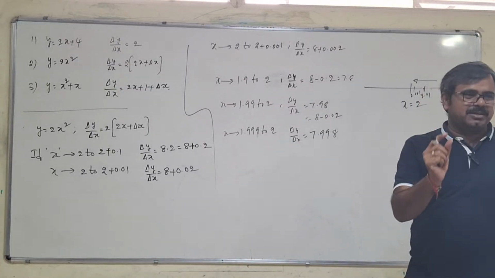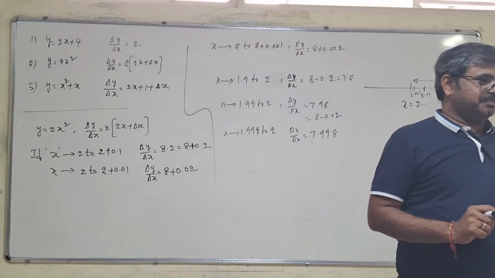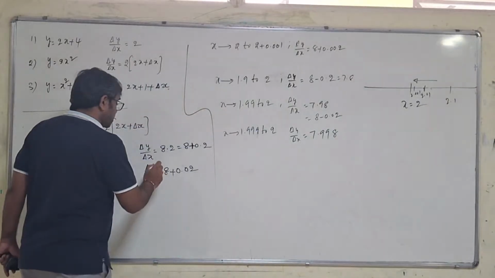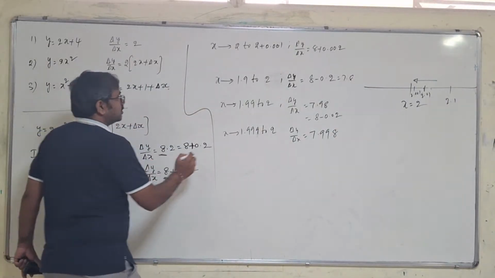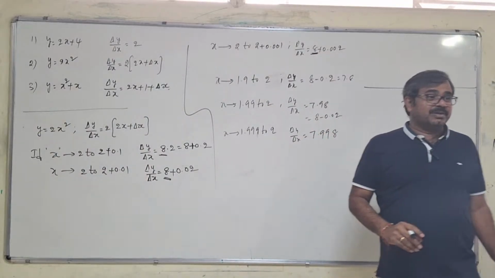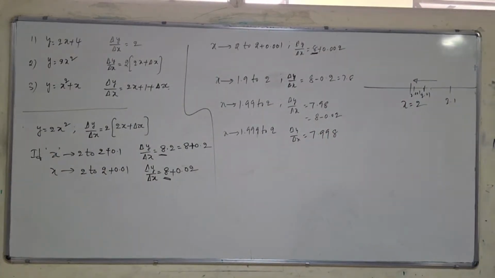So as you make intervals smaller and smaller, delta y by delta x is coming closer and closer to which number? 8. You understand this?